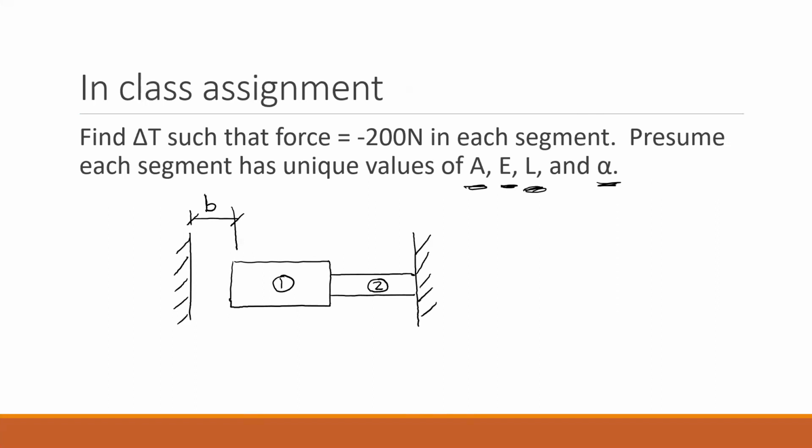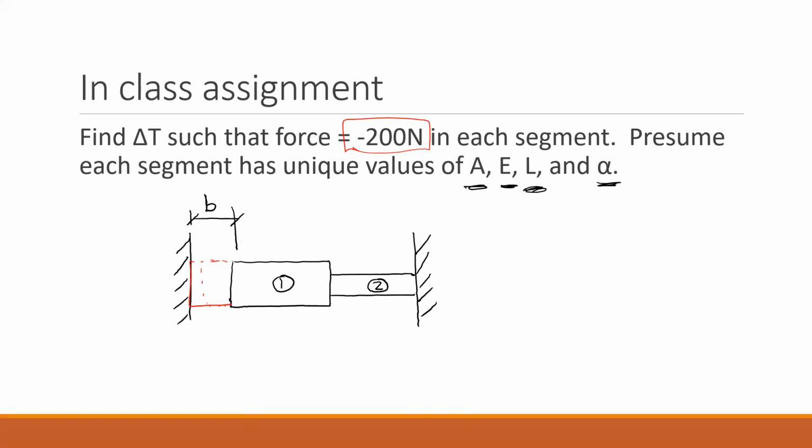How much is the temperature going to increase by such that the force generated is negative 200 newtons? First, this is going to extend freely due to the temperature increase. At some point, it's going to come into contact with that side. And we know that the temperature is actually increased beyond that because we're now developing compression.